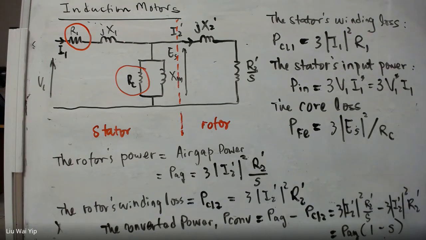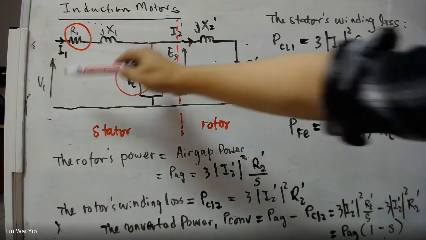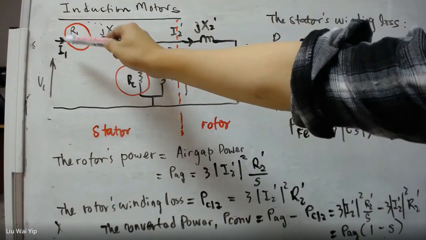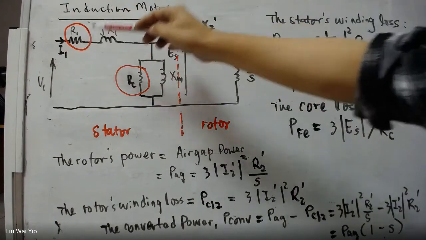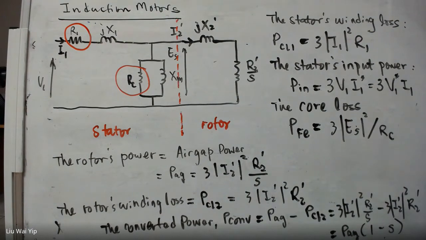And now, we also develop some formula for the power loss and the power input. The power input is going to be V times the conjugate of I, and multiplied by 3 because this circuit is only the circuit for one phase of the induction motor.